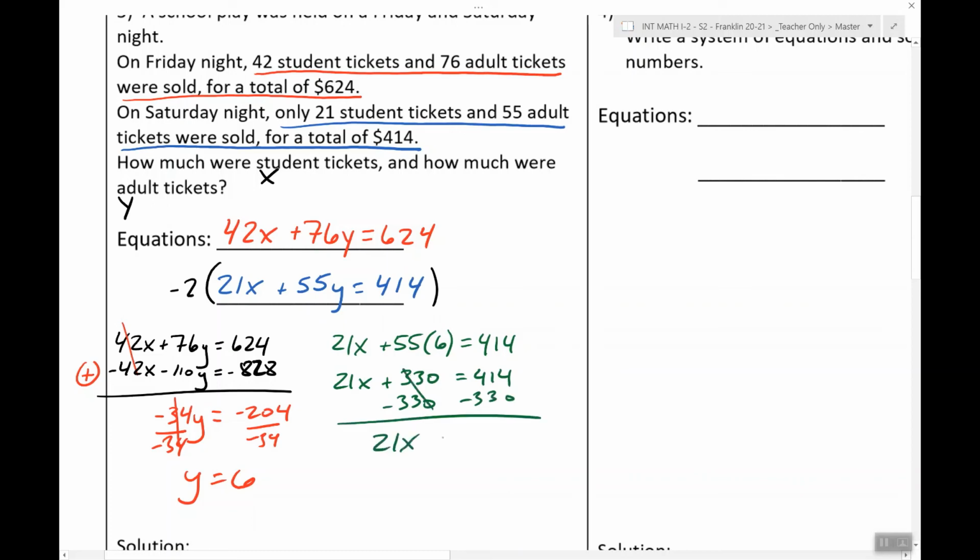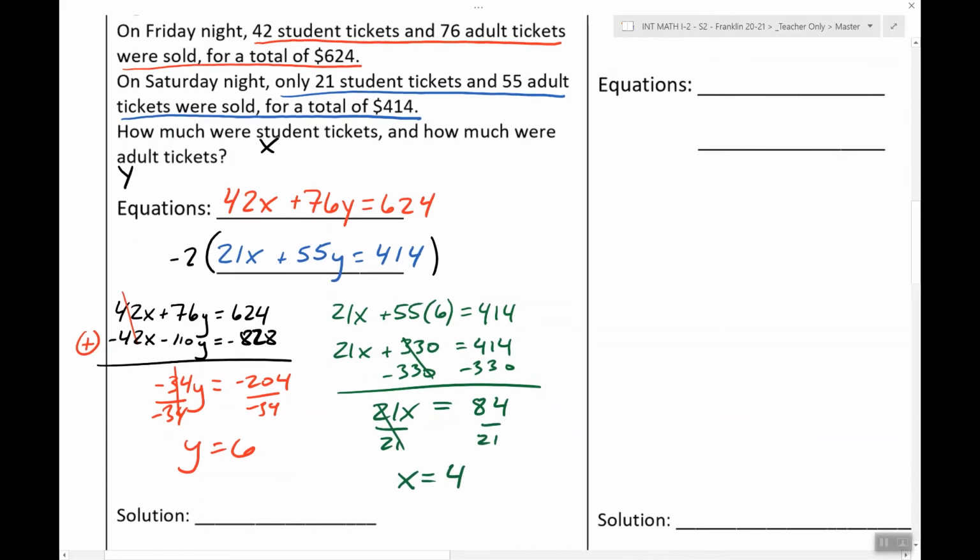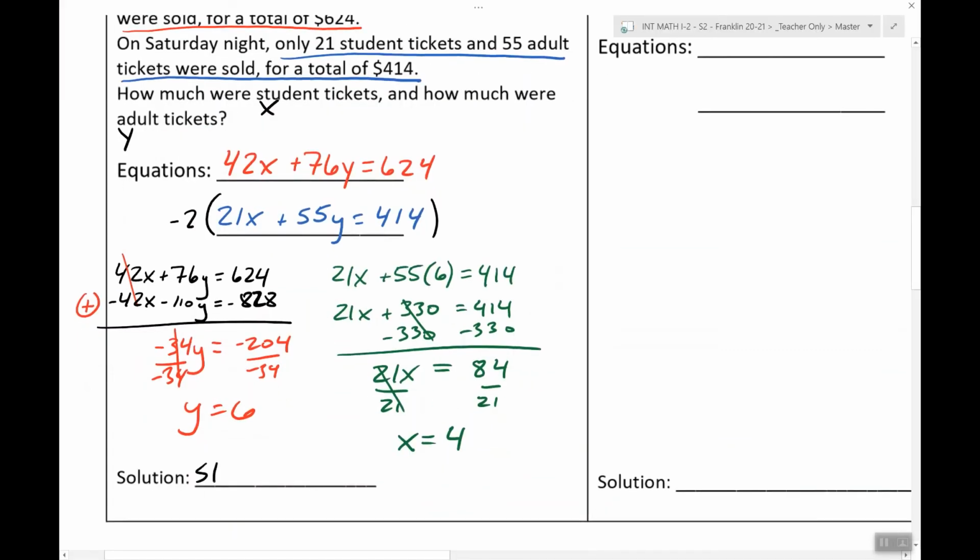So 21x equals 414 minus 330 is 84, divided by 21. X is going to equal 4. So there we have it. The student tickets were $4. The adult tickets were $6.